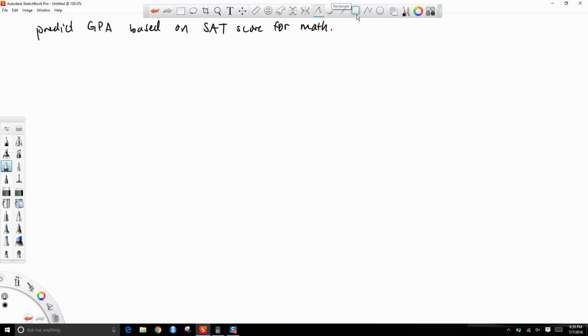Okay. And so what we have, based on the computer output, is R equal to 0.194.